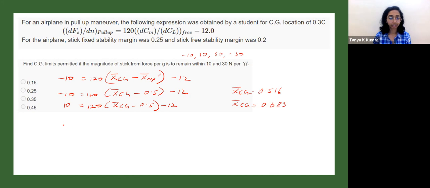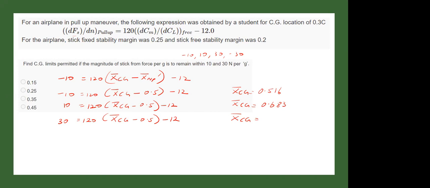3. We take 30, 20, what will the X bar Cg be here? 0.85.